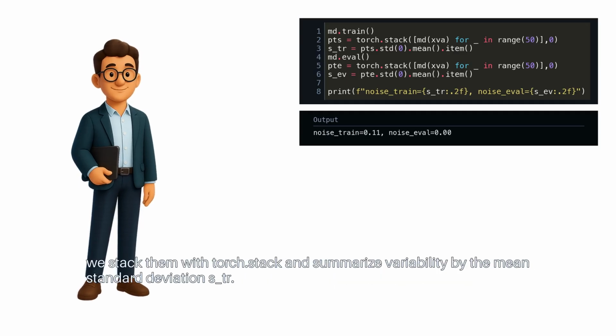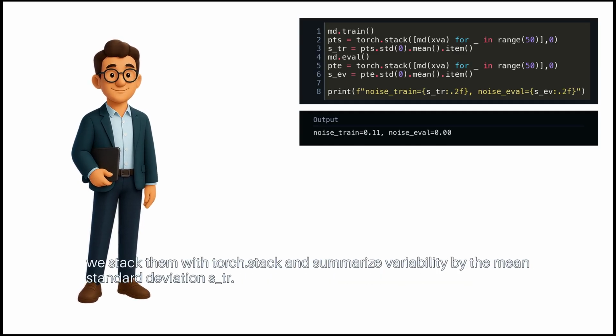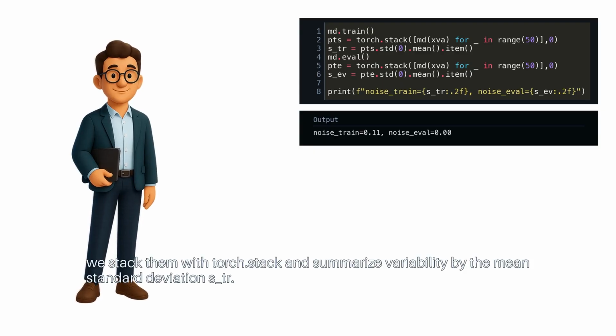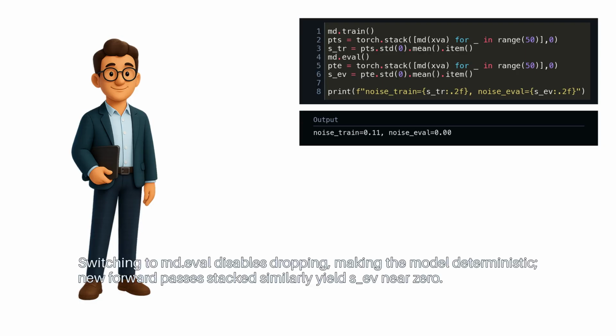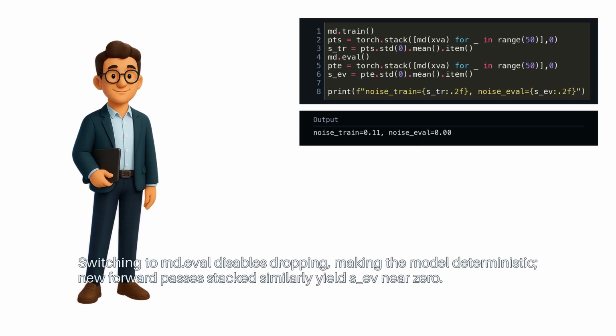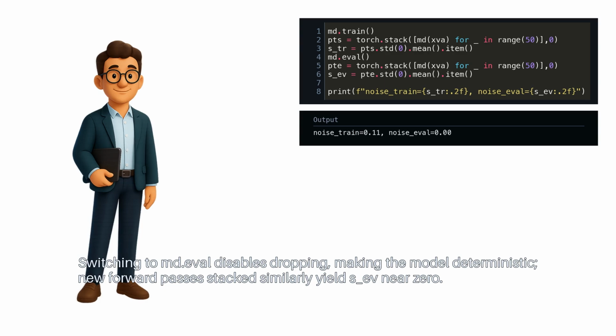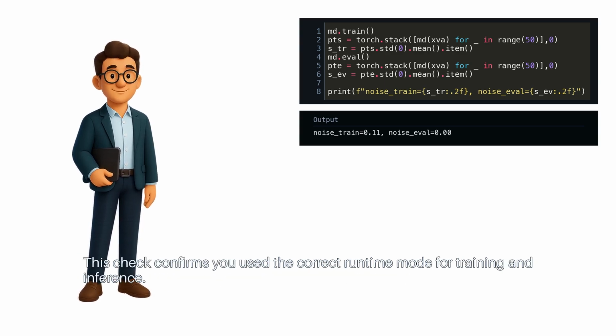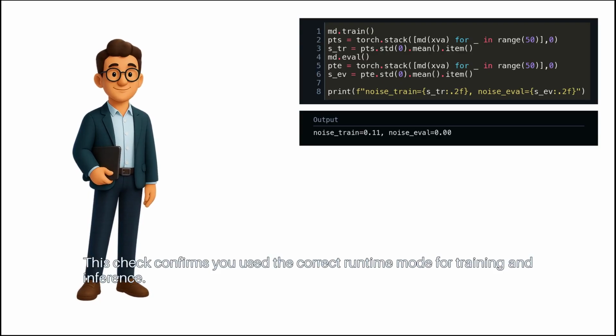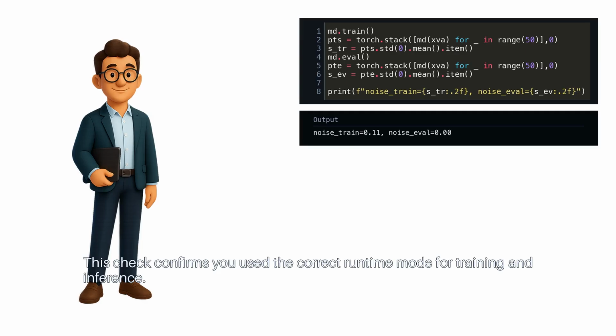We stack them with torch.stack and summarize variability by the mean standard deviation, str. Switching to md.eval disables dropping, making the model deterministic. New forward passes stacked similarly yield sev near 0. This check confirms you used the correct runtime mode for training and inference.